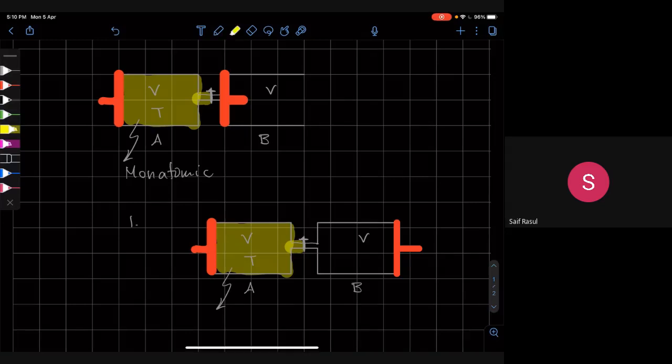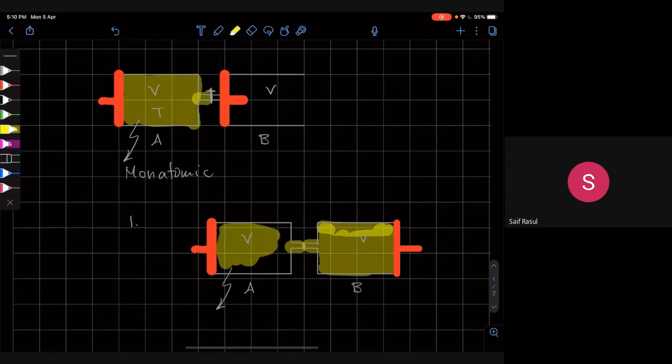And the valve is open. So what will happen is that this gas will expand into region B as well. And the problem is to find what the temperature of this gas is.